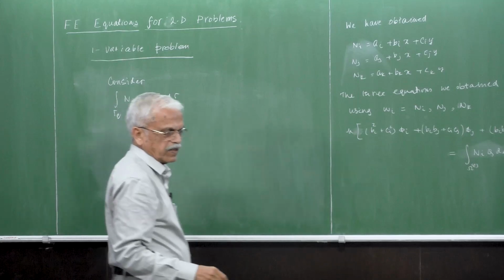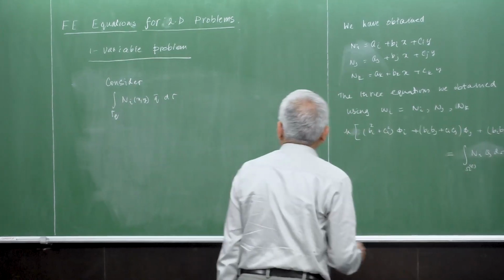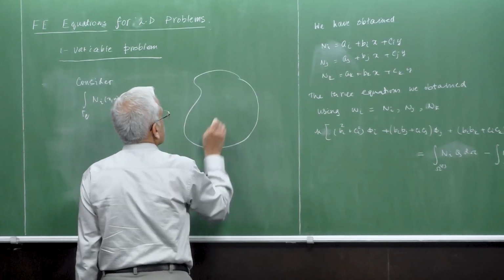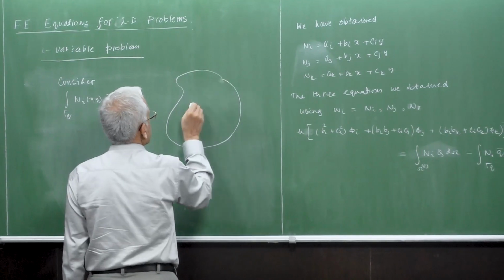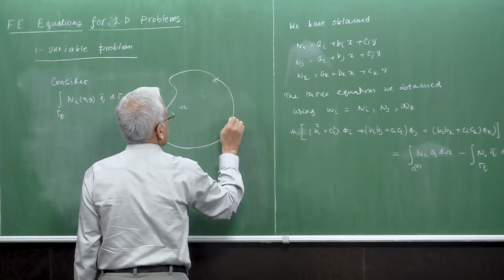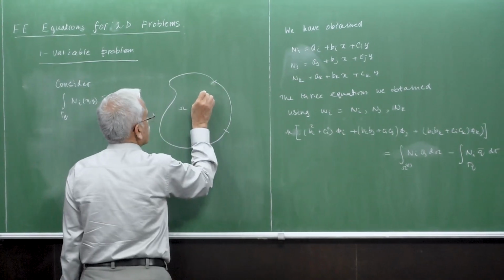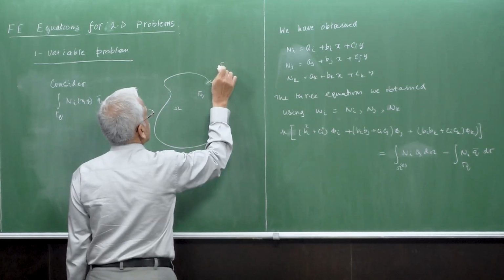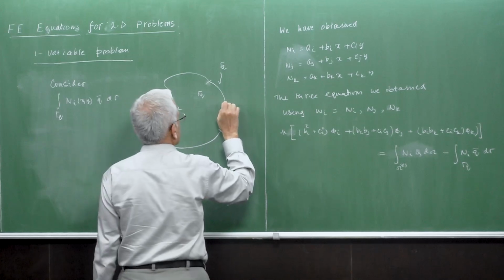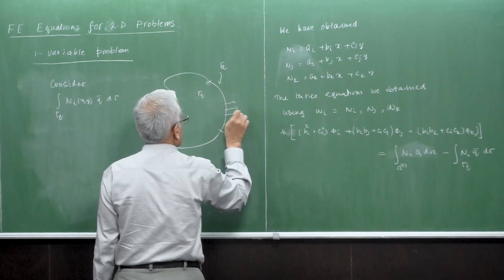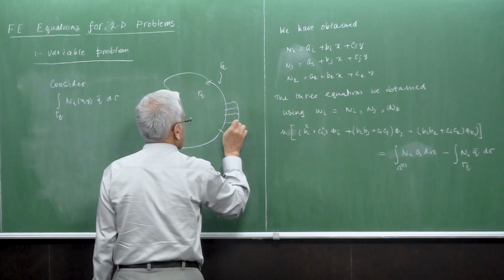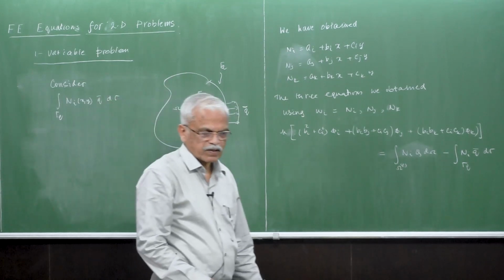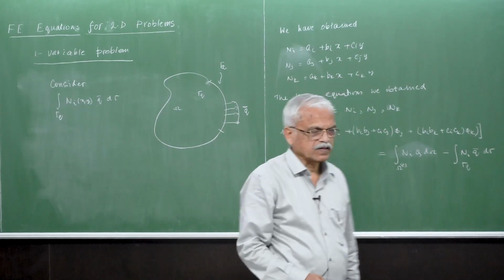This has to be understood very carefully. So for example, if you have an omega like this, and here we have this part of the boundary we call gamma q. So q bar is the heat flux coming out of this surface, right?